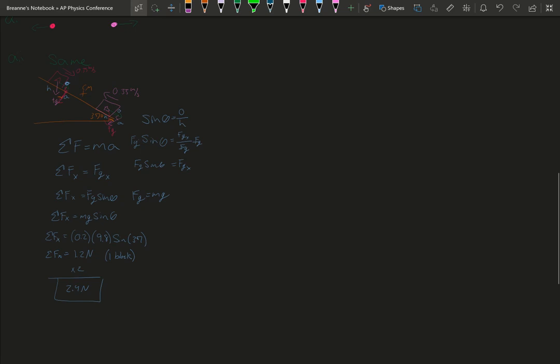This is a 2-point question. So this was BI, so BII. So basically we're using our first equation, our final velocity equals our initial velocity plus AT.